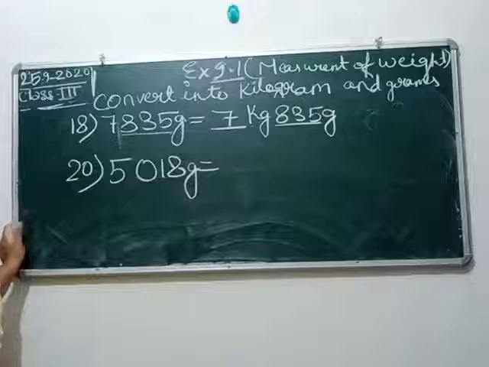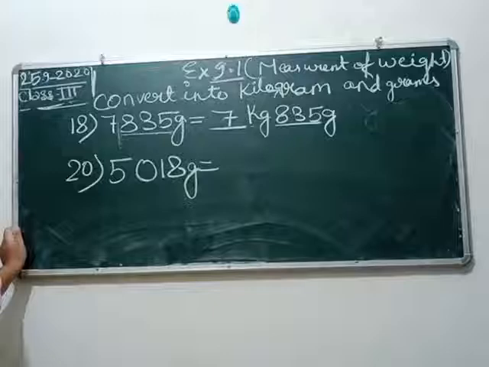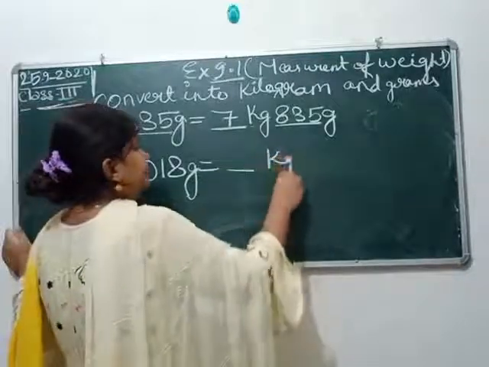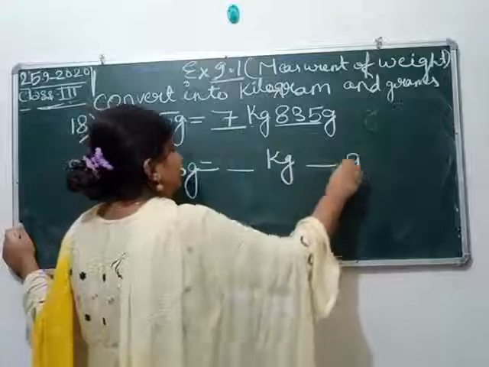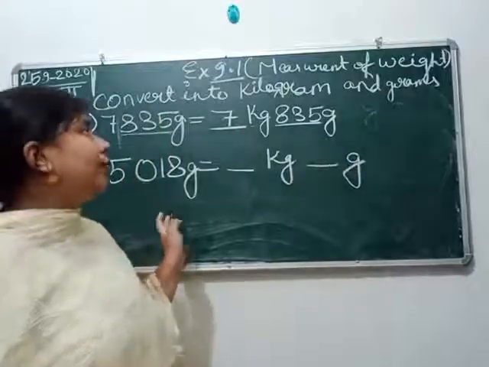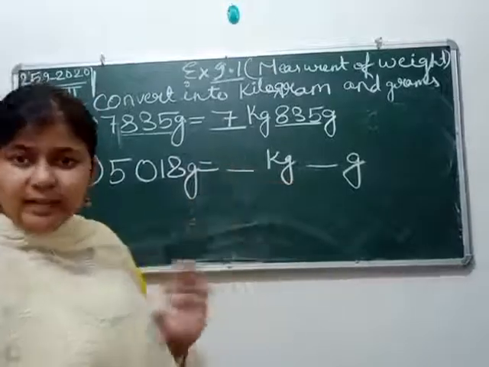Okay. Now similarly we have to do question number 20. Come on, solve question number 20. First of all, make two headings, kg and gram. Conversion into kilogram and gram is very easy. All you have to do is make two blanks. That's it.